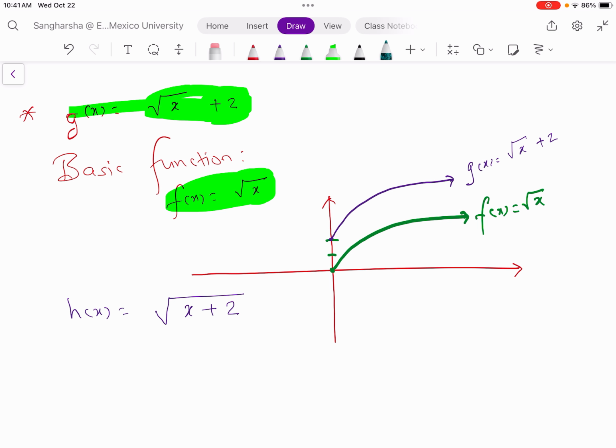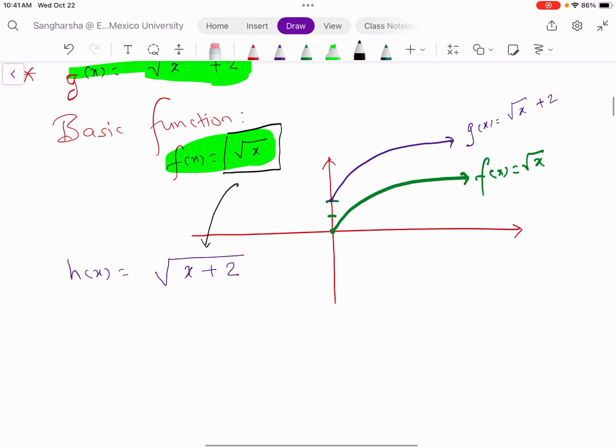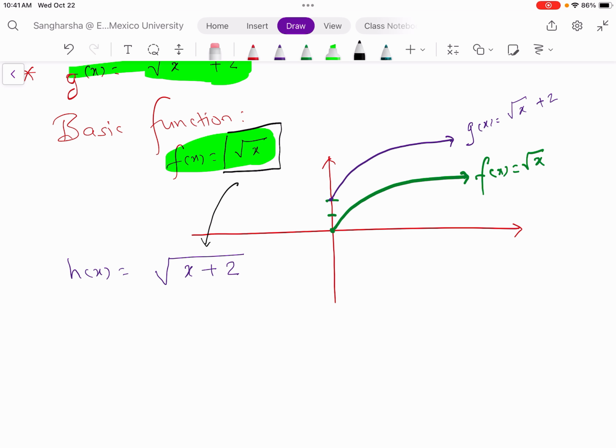From this, how can we get the square root of x plus 2? Do we add, subtract, replace, or what do we do? Replace. Replace what? Replace x by x plus 2.